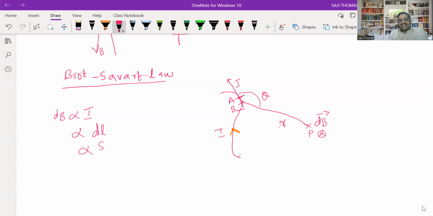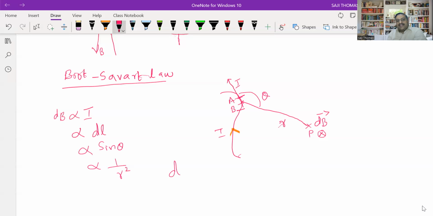Directly proportional to the sine of the angle between direction of current and the line joining the element to the point P, R. And inversely proportional to the square of the distance between the element and the point P under consideration. So this is Biot-Savart law.